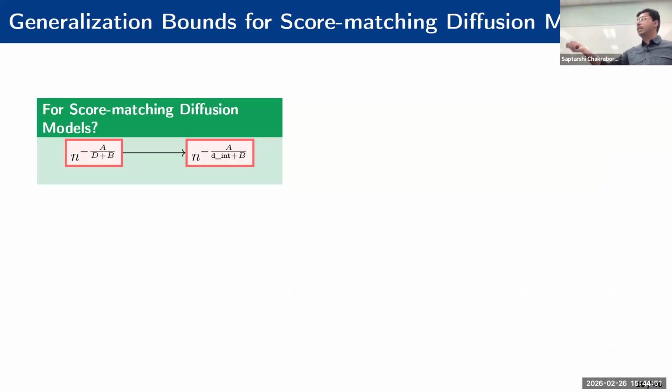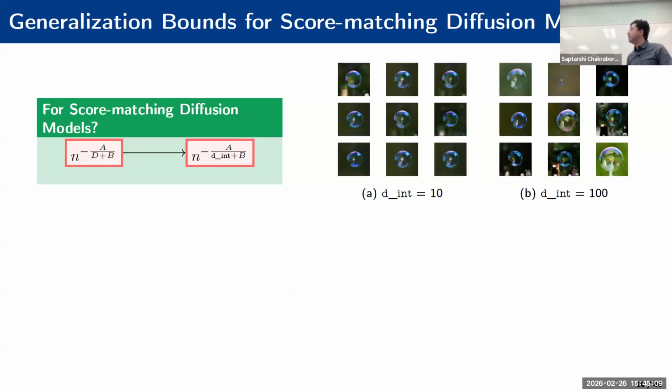And we want to understand whether instead of this capital D, we can get a small d, which is the intrinsic data dimension. So instead of getting 784 for MNIST, which is prohibitively slow, we want to get maybe 10 or something. So we want to see whether this holds water in practice.